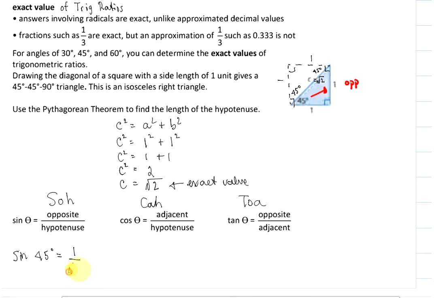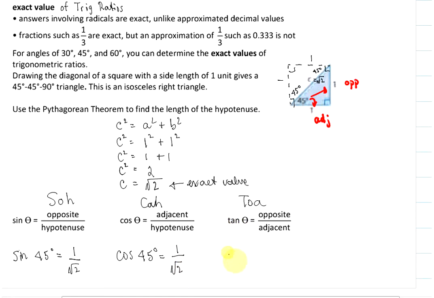And so we say 1 over the square root of 2. Our next ratio, cosine, we want the cos of 45 degrees. That's adjacent. So the side adjacent to the 45 degrees is also 1 because we have an isosceles right triangle. And so we put 1 over our hypotenuse, which is square root of 2.